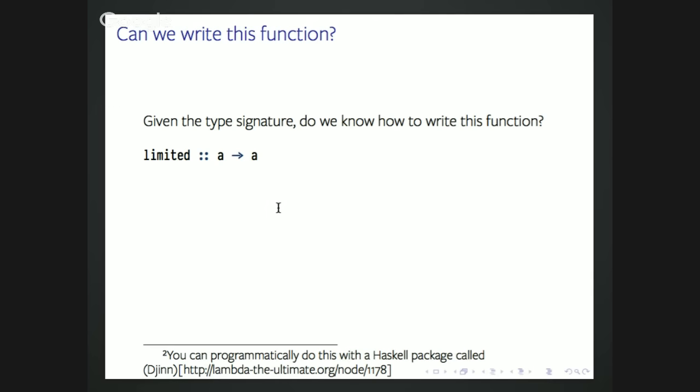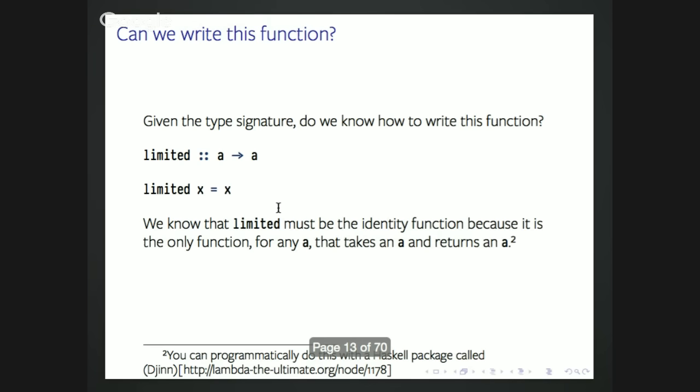Well, if you have a value of type A, the obvious one is you just return it back to yourself, so you do nothing to it. It turns out that's actually the only function you can write for going from A to A. So based on the type signature, we know that the definition of limited must be limited x equals x.